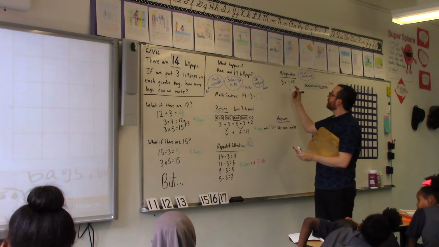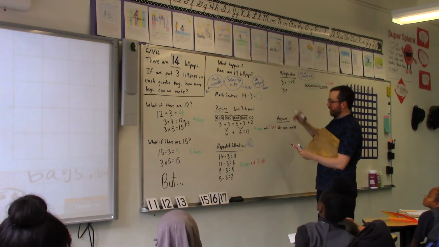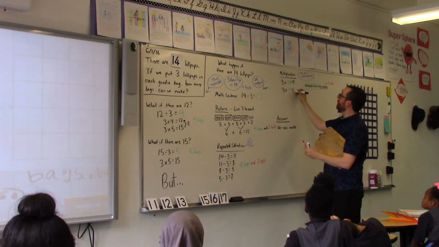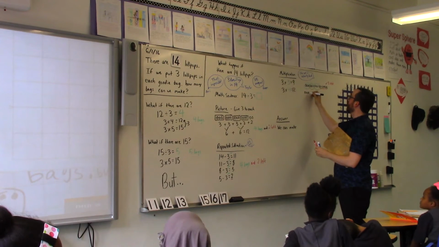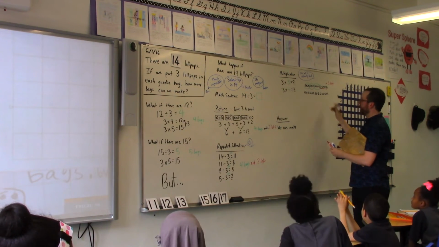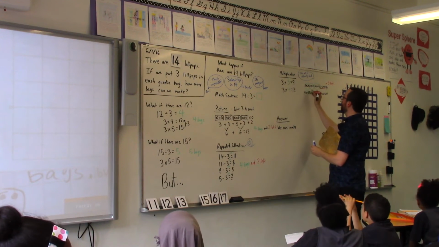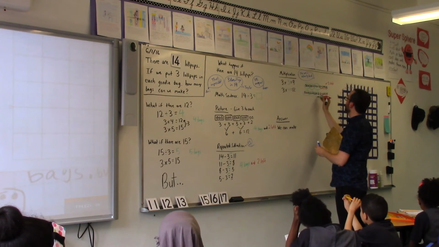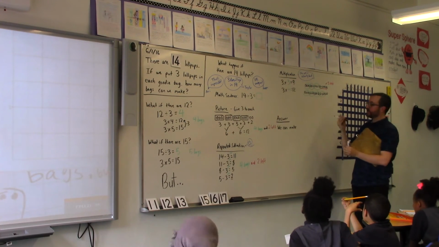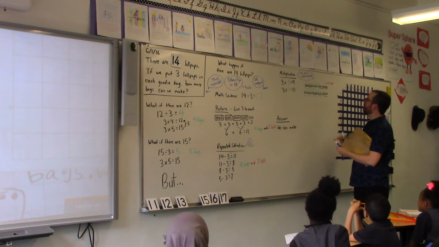Let's try 3 times 4. That'll be 12. Great. So we have 1 bag, 2 bags, 3 bags, 4 bags, but 2 left.